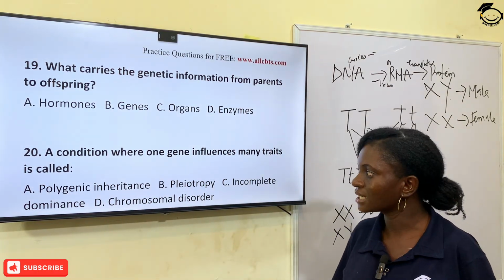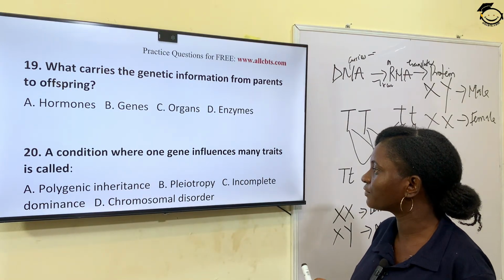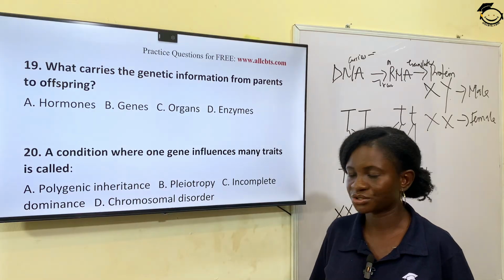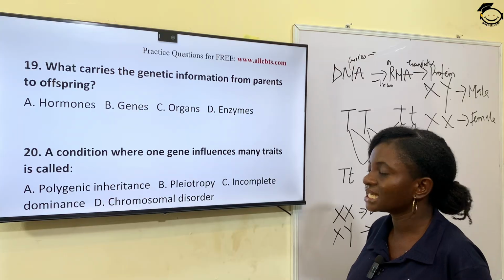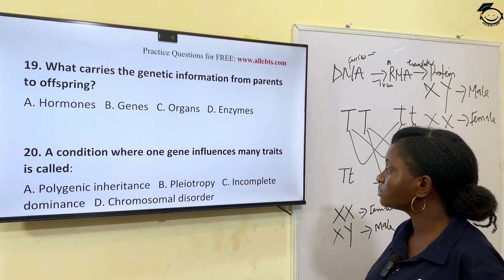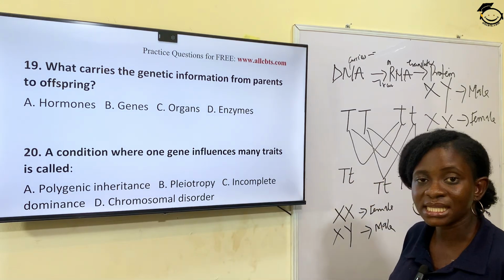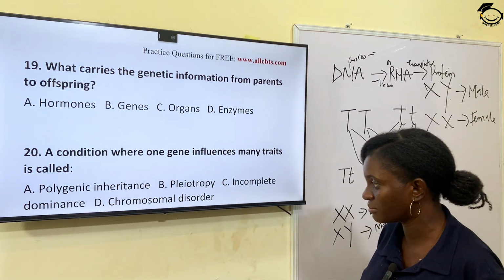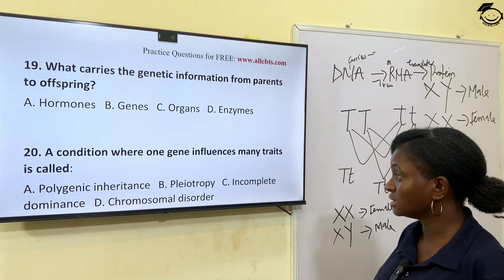Question 20. A condition where one gene influences many traits is called option A, polygenic inheritance, option B, pleiotropy, option C, incomplete dominance, and option D, chromosomal disorder.